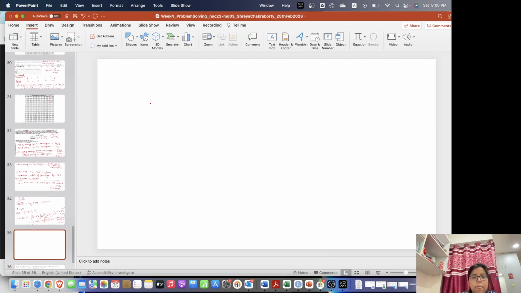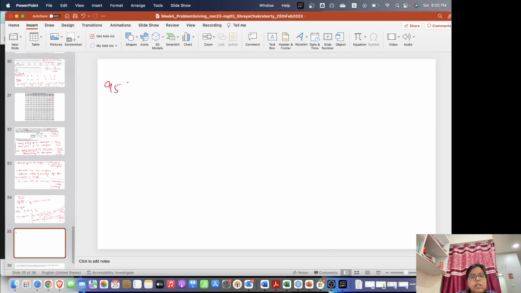The 95% CI for theta, which is the log of the odds ratio, is minus 0.512 plus or minus 1.96 root over this.